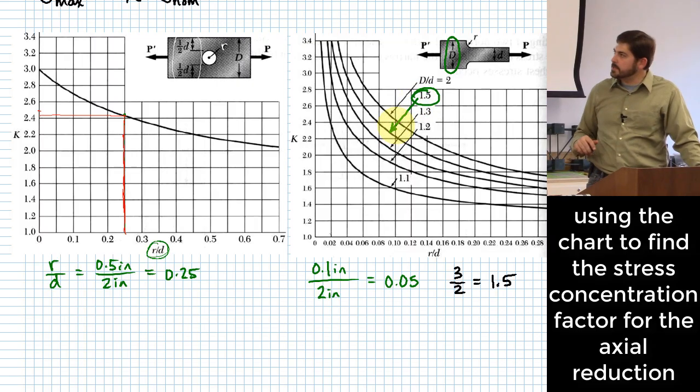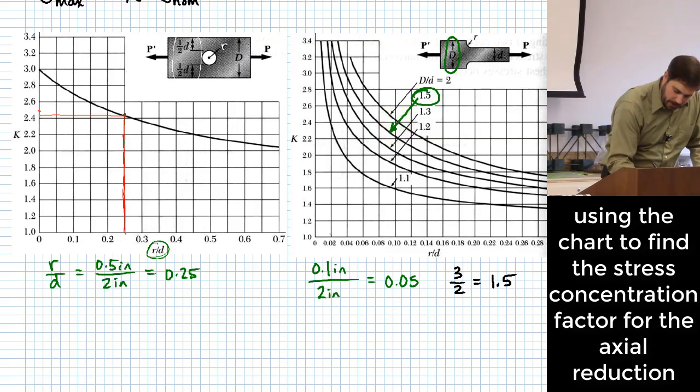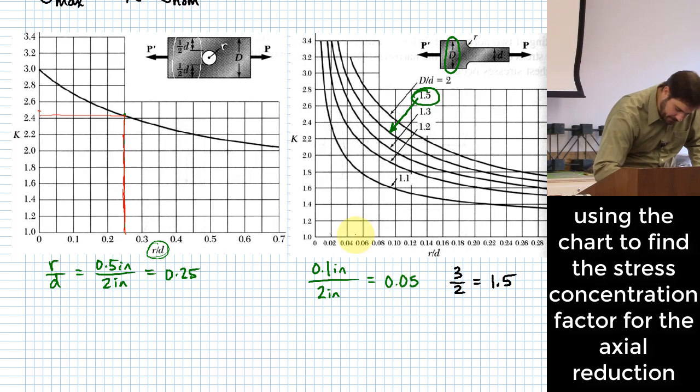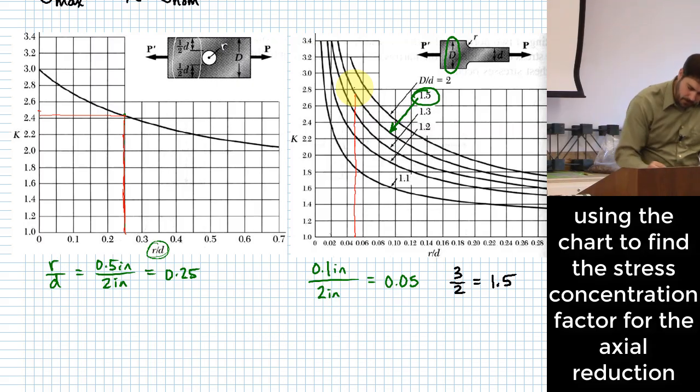So how do we use this? Well, we grab our r over d value of 0.05. It's going to be right in here somewhere. We read up to the point where we hit that curve, 1.5. Once I hit that curve, I read across to here.